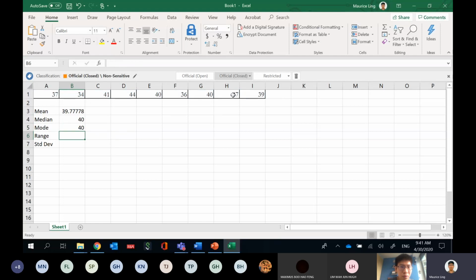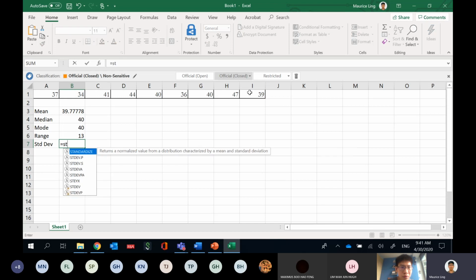Range, there's no range function. You use the maximum minus the minimum. That will give you the range. And standard deviation, there's standard deviation .p and .s. Please use .s, because .s is the one that is n minus 1.